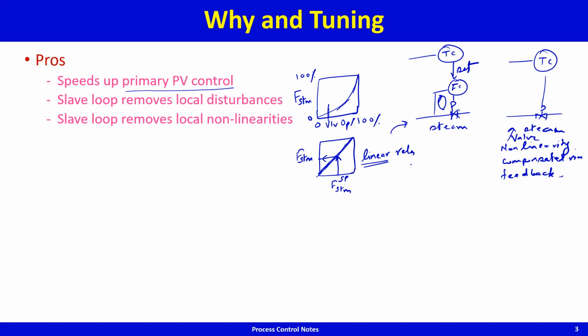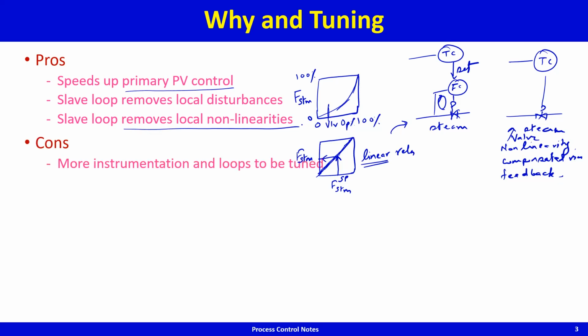On the time scale of the master temperature loop, the master temperature controller sees essentially a linear relationship between whatever it's asking and the steam flow that's actually getting delivered. Okay, so the slave loop in that sense removes local nonlinearities.